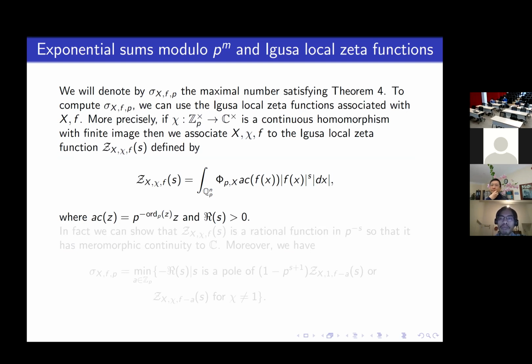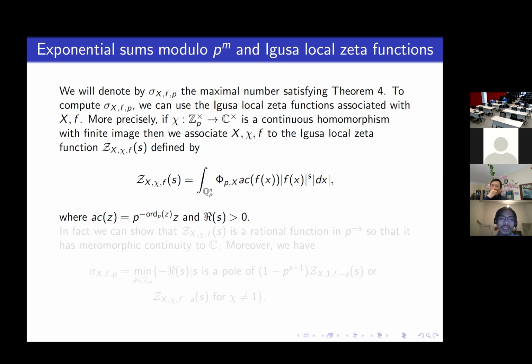In particular, we can compute exactly what sigma_{X,f,p} is, and we can use this. We use the Igusa local zeta function associated with X and f to do this.